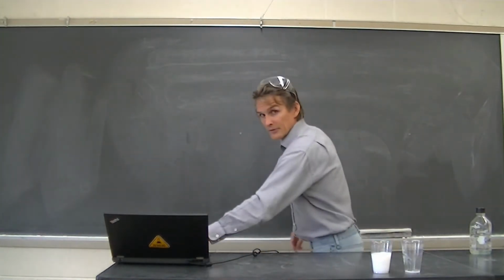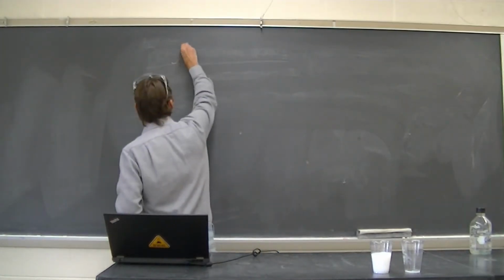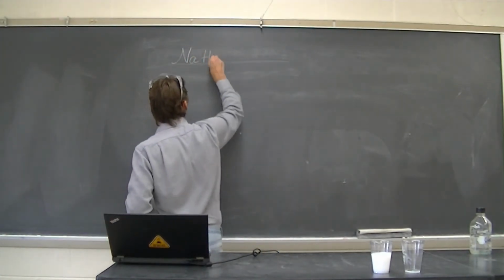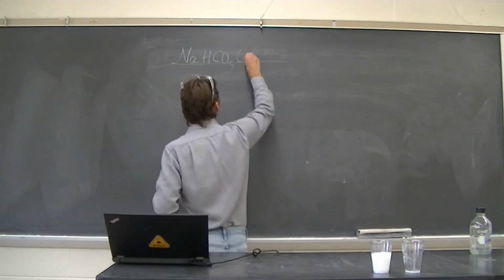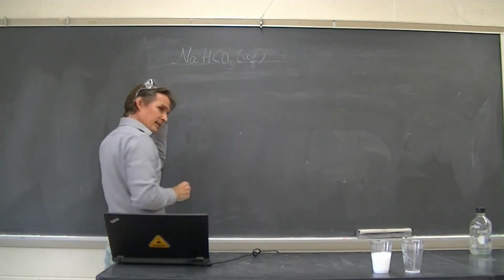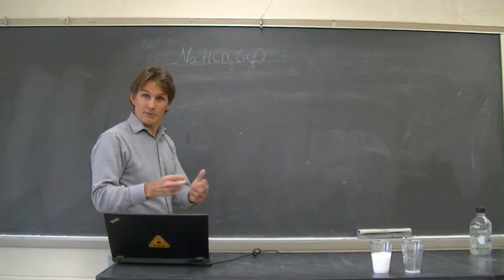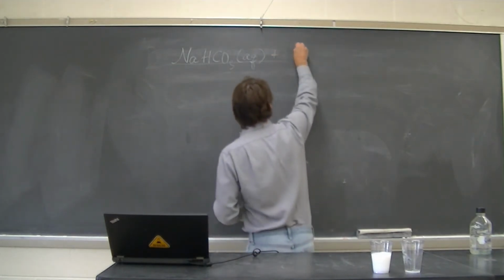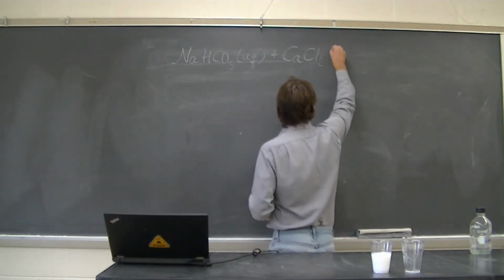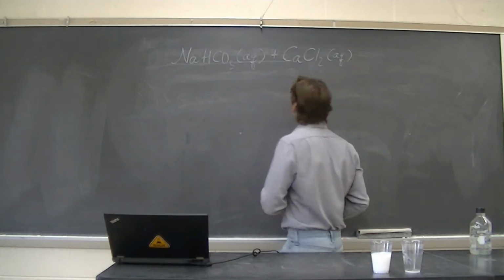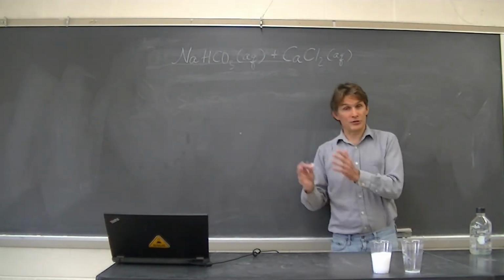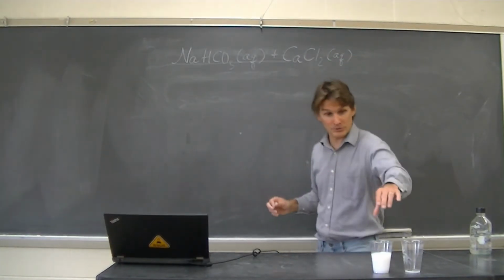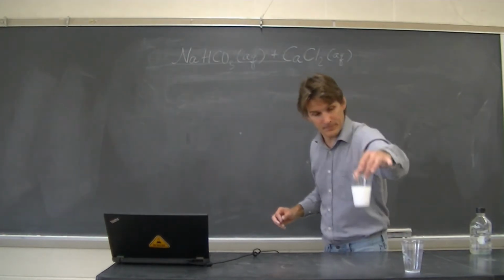At the start of this reaction, I know I had some sodium hydrogen carbonate that was dissolved. So I can write it like that. It reacted with some dissolved calcium chloride. Now for this precipitation reaction, we formed a precipitate, that's the white stuff here.